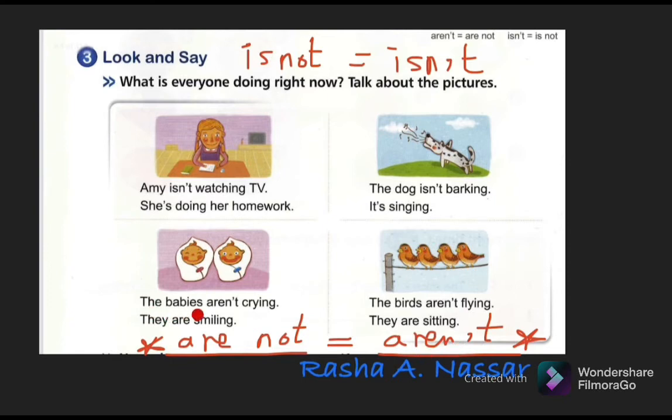So the babies aren't crying. They are smiling. So when you want to negate the sentence in the present continuous tense, you just use not. The birds aren't flying. They are sitting.